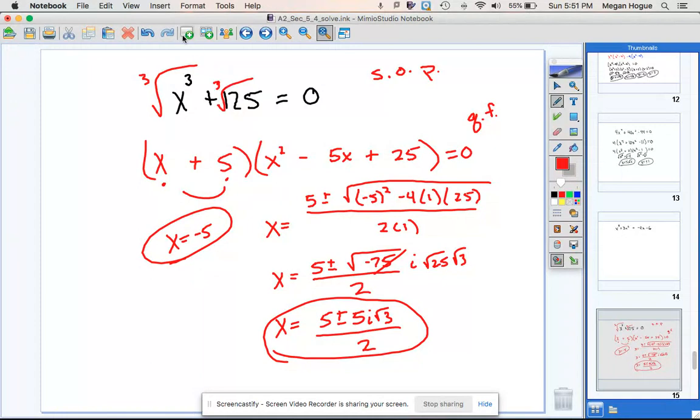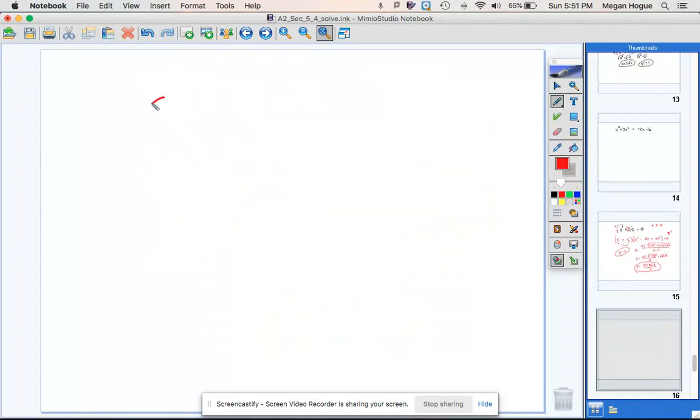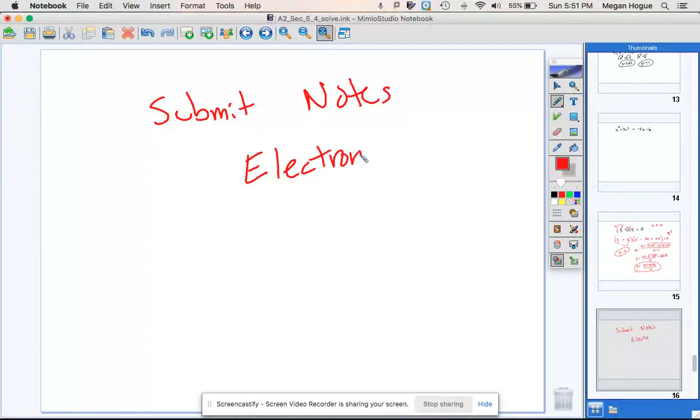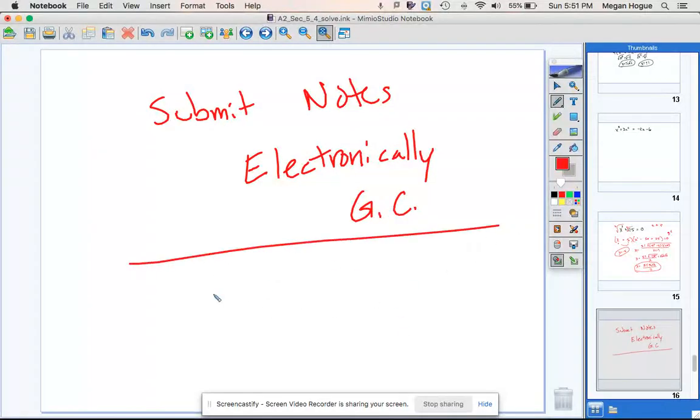Okay, so when you're done here, you're going to submit your notes electronically on Google Classroom. So that's one of your assignments. Then your other assignment is to do day number 2 on worksheet 5.4. And so you should have that worksheet.